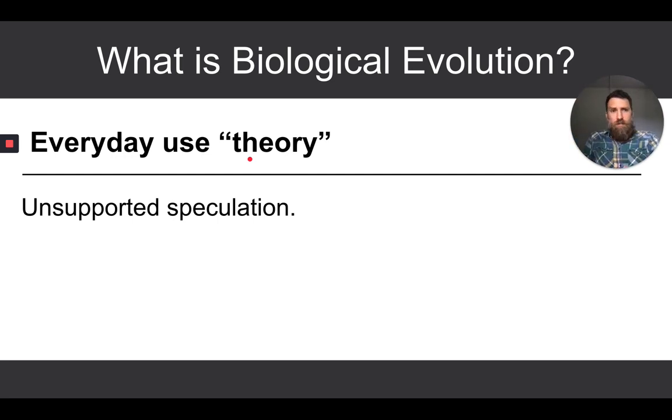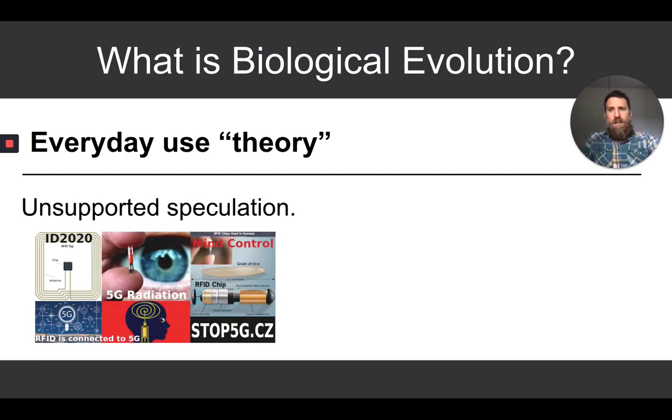Now, the everyday use of theory, right? When we say in everyday conversation, "I've got a theory about," what that really means is an unsupported speculation. So it's more akin to what we mean by hypothesis in science. Examples of this are the theory that 5G networks and microchips are responsible for mind control and the COVID-19 pandemic, right?